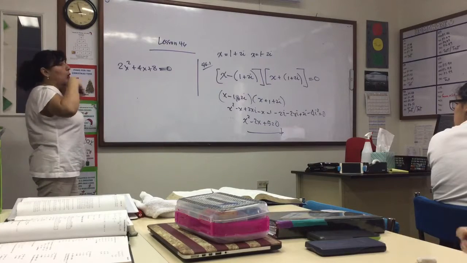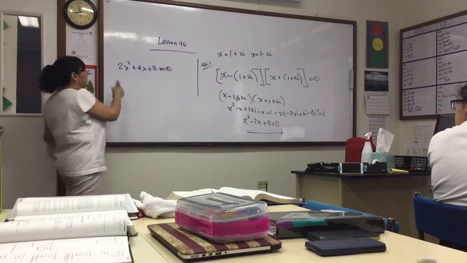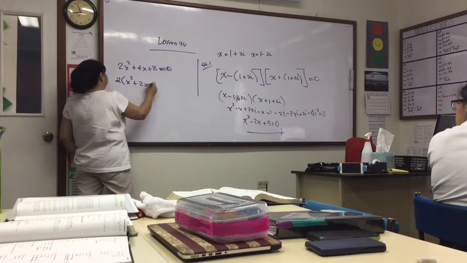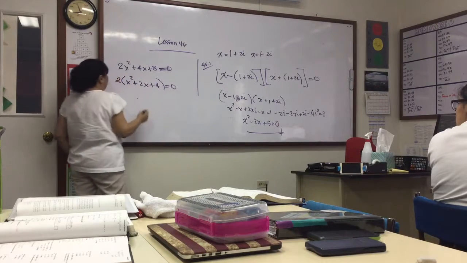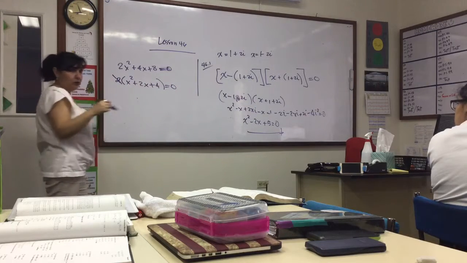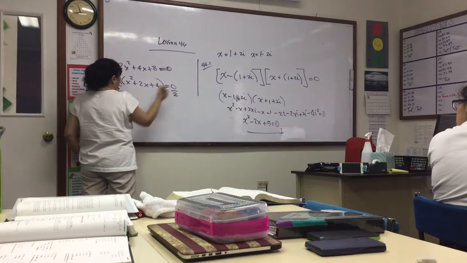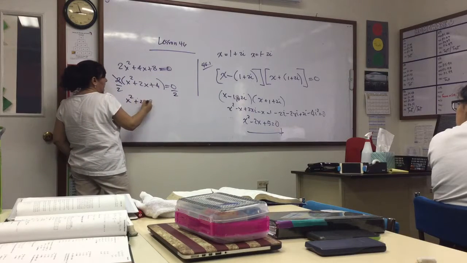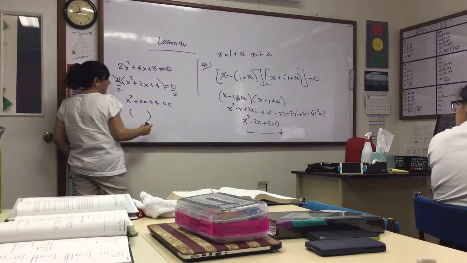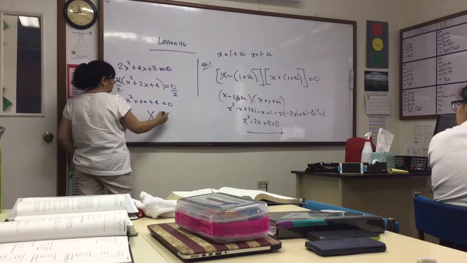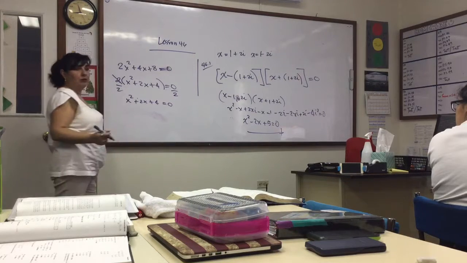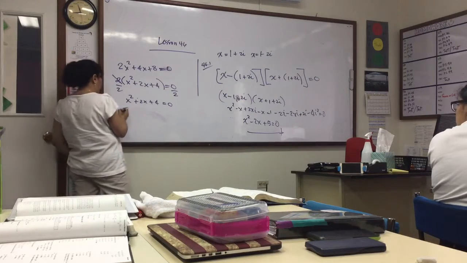So now you're going to go backwards. I factor out the 2. I get rid of the 2 because I can divide both sides by 2. So I'm left with just this. And this would be x plus 2 and x plus, I don't know. There's no number, right? That gives you that.